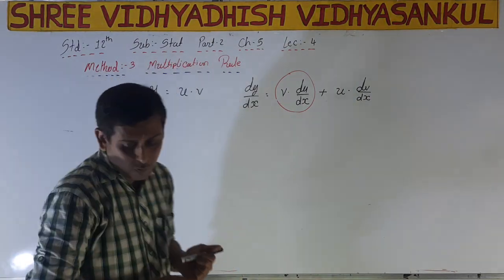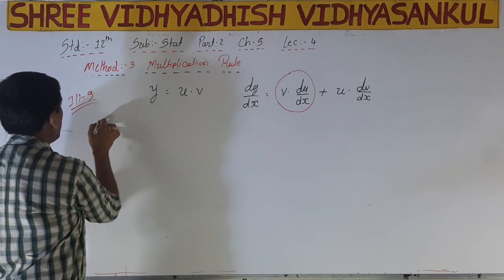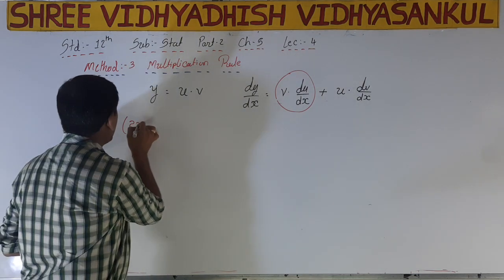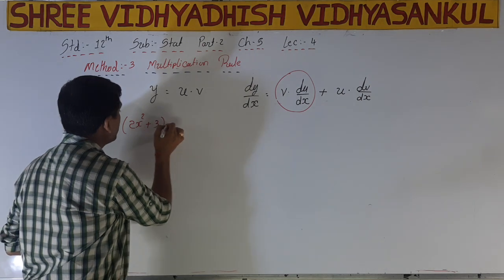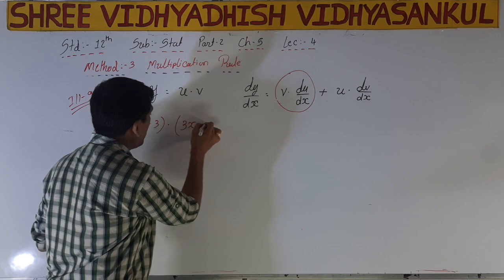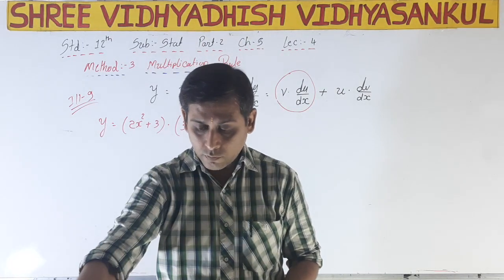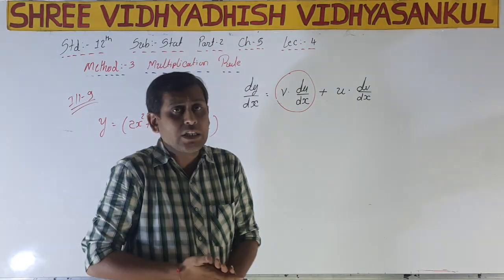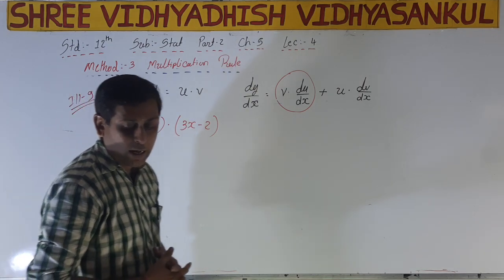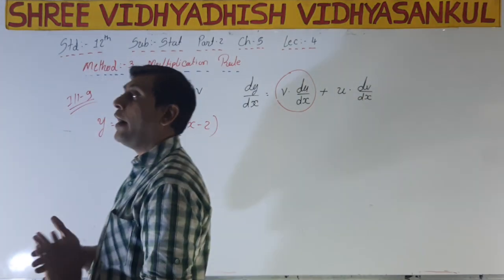See, illustration number 9. Y is equal to 2x square plus 3 into 3x minus 2. So here, if y is equal to (2x square plus 3) into (3x minus 2), then find the derivative of y with respect to x.